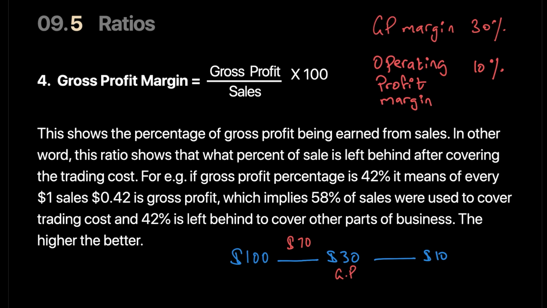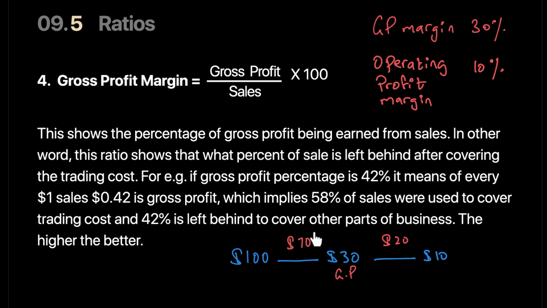Operating expenses, expenses like rent, electricity, salaries. So your operating profit margin is 10%, which means that from this $100, only 10%, which is $10, is left behind. What this allows us is to calculate that $20 was spent on operating expenses.